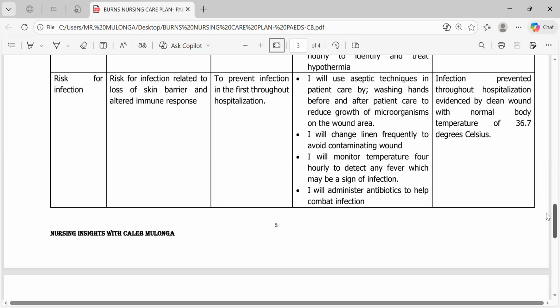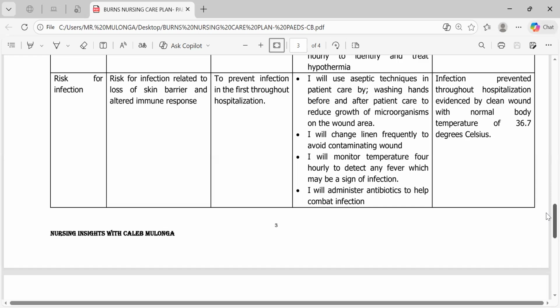Number four, we can also administer prophylactic antibiotics to combat or prevent infection. The other thing that we can do here is we can also isolate this child. So you find that we can isolate this child to prevent exposure of this child to infection.